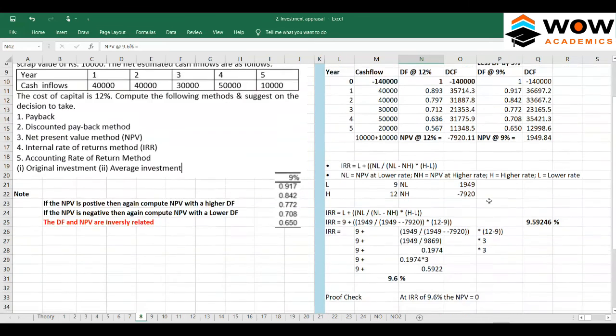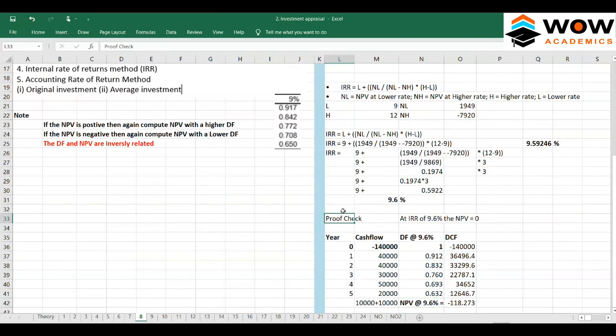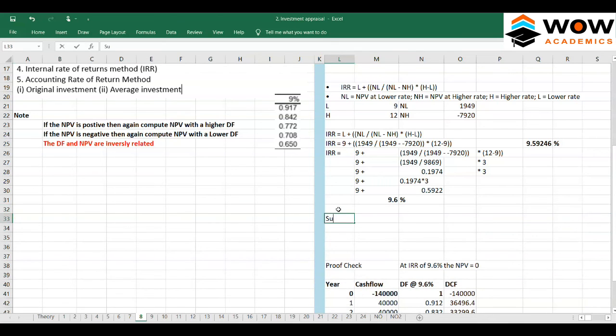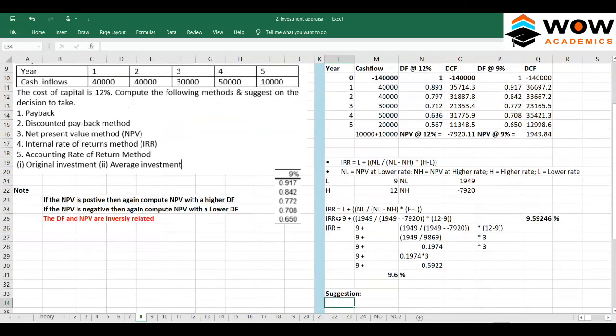So we have to write a suggestion. Before the proof check, we have to write a suggestion. So the suggestion would be: check the cost of capital and the IRR.